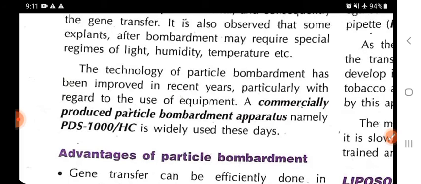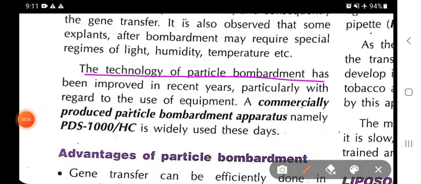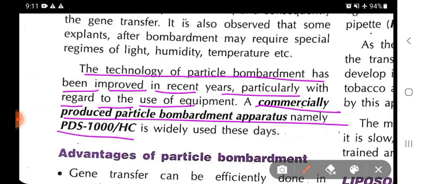The technology of particle bombardment has been improved in recent years, particularly with regard to the equipment. Nowadays, the particle bombardment apparatus PDS 1000/HC is widely used by private biotech companies to make transformed plant cells or animal cells.